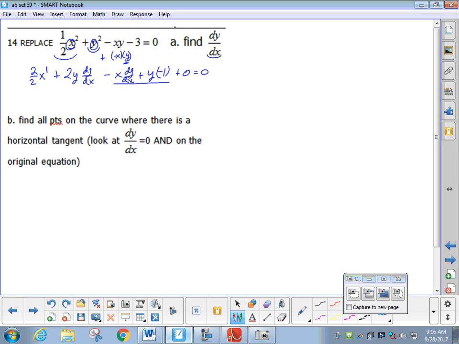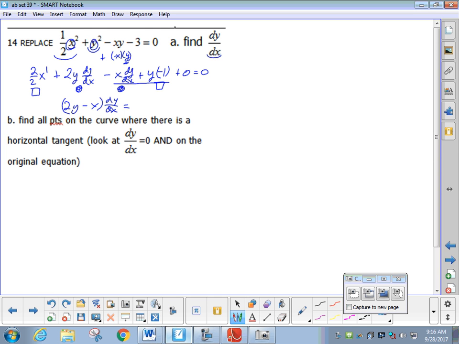Okie dokie. Now if I collect my dy/dx's, these two terms have a dy/dx. If I keep them on this side of the equation, then I would have 2y minus x, and the dy/dx, if I factored it out, would be outside. Everything else, I'll call it the square terms, must be brought over to the other side.